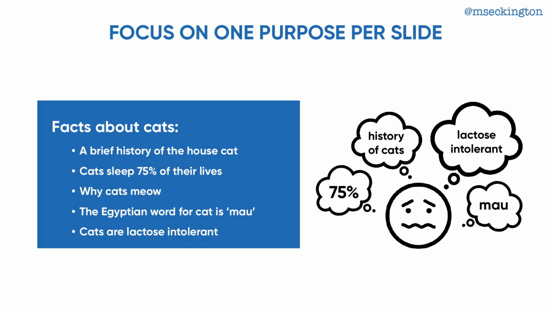So one thing I see happen a lot is using bullet points to cover multiple ideas on one slide. So for instance, this slide about cats. If you're going to be talking about each of the individual points for a couple of minutes, you're basically diluting the signal of every single point that you're trying to make.